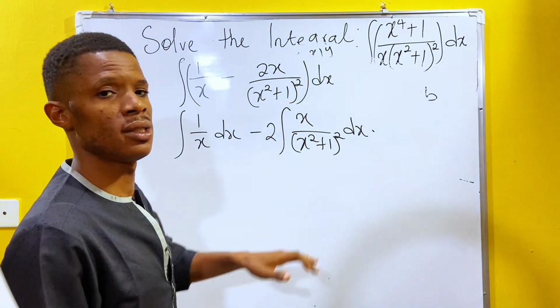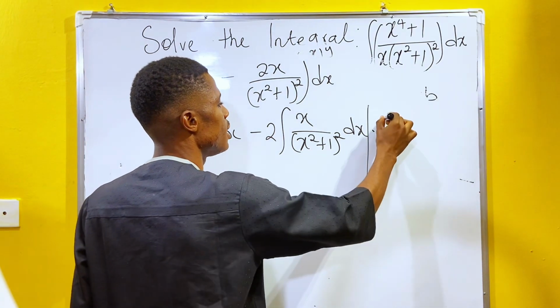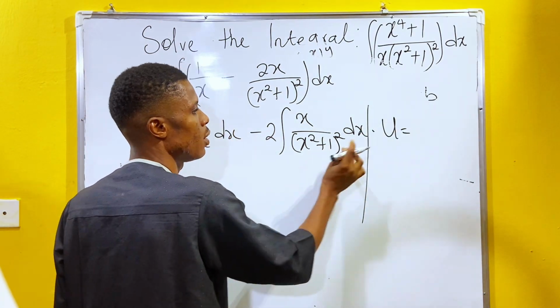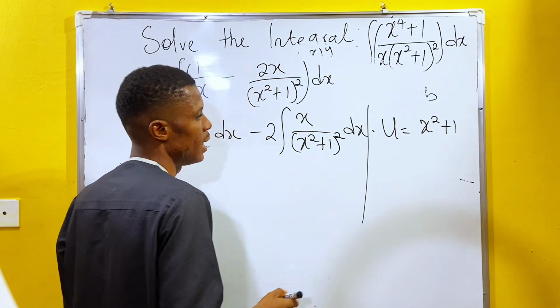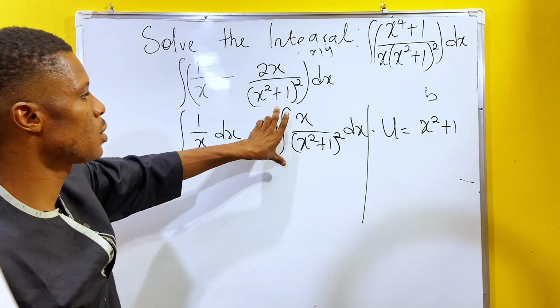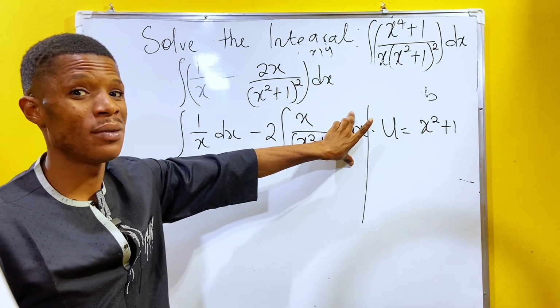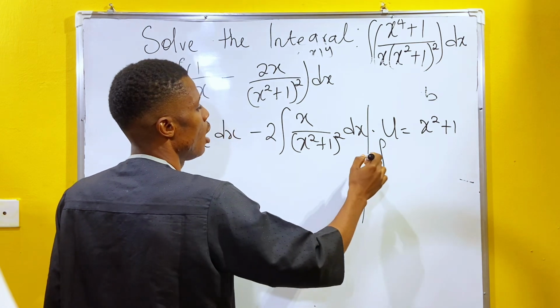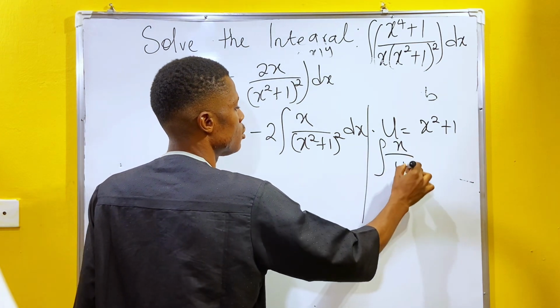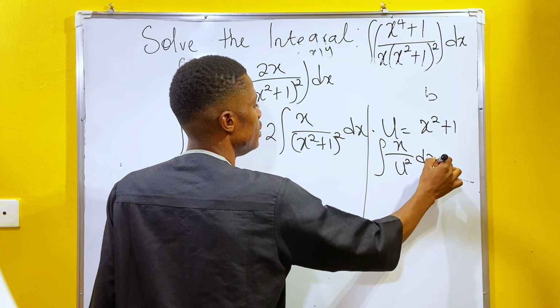Use u substitution to do this. So we can now say let u be everything in the box, which is x squared plus 1. I'm just trying to integrate this part only now. So if u is this, we are now having the integral of x over u to the second power dx.